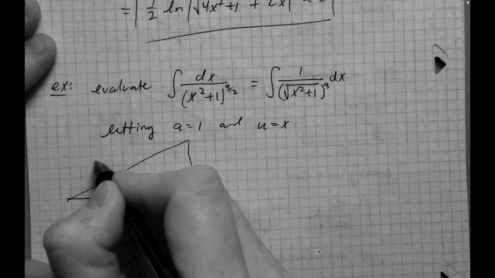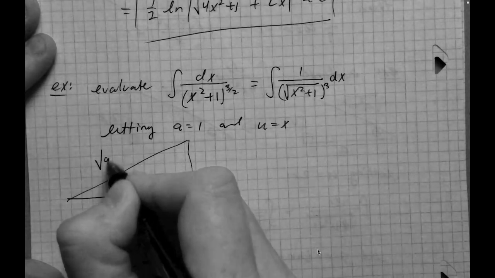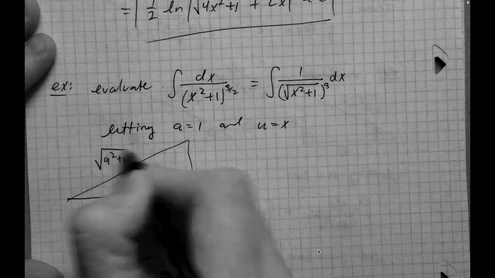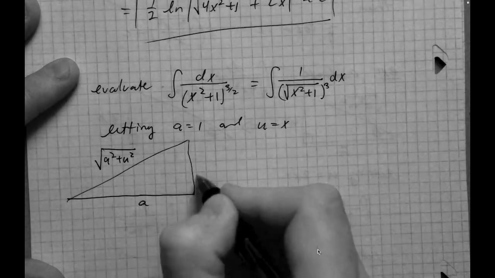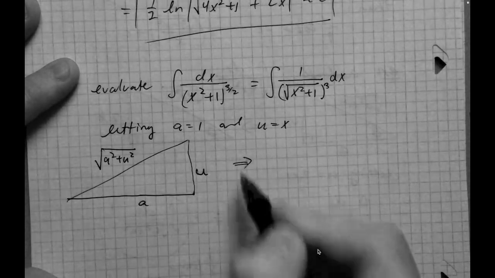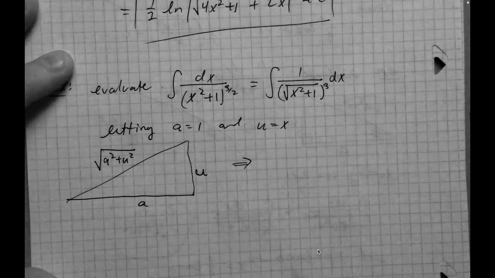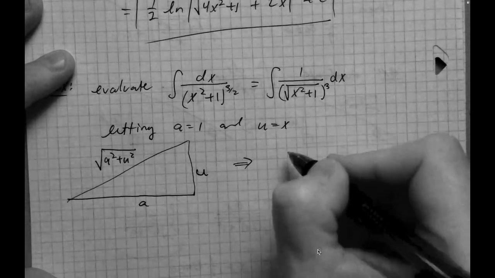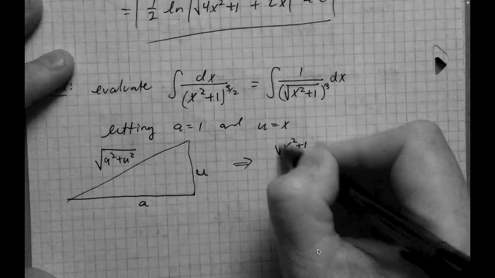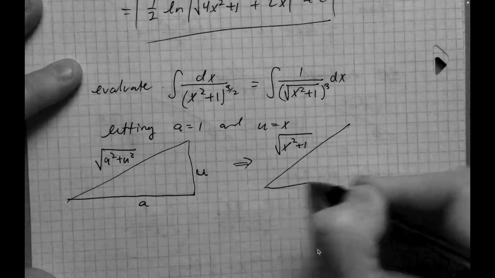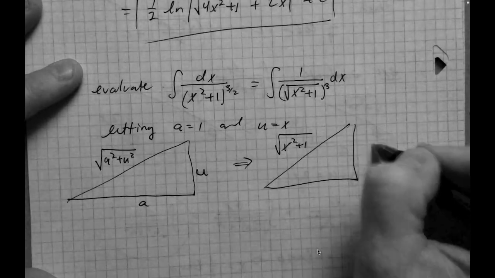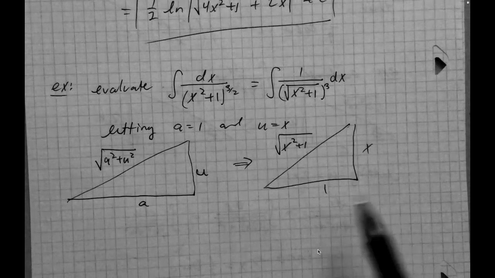So this is the basic form: a squared plus u squared over here, and then of course a and u there. We'll have x squared plus 1 over here, and then over here we'll have x and 1. All right, this is the a, that's the u.